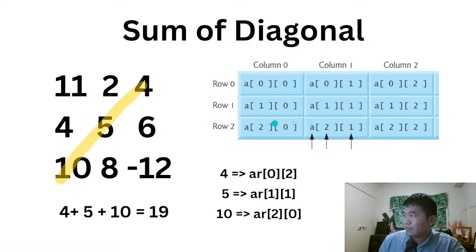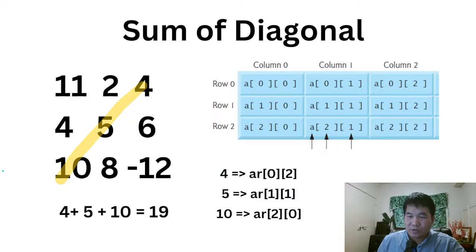So we are accessing 2, 1, 0 for column, but 0, 1, 2 for row. So for the row, we are incrementing by 1. For the column, we are decrementing by 1, 2, 1, 0.